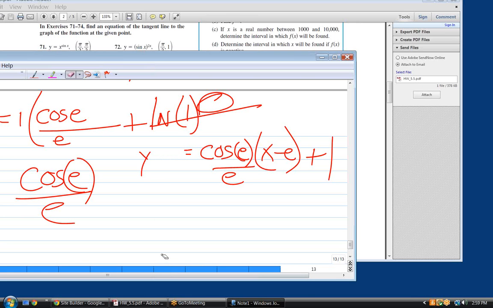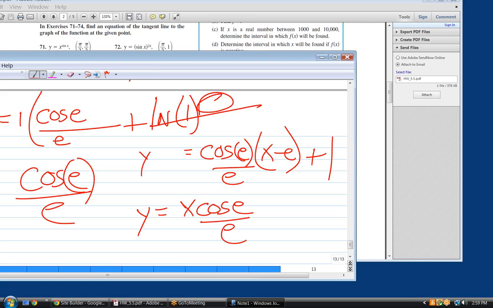If I wanted it in y equals form, I could do a lot of simplification there. Let's do some. Was her answer y equals? Yeah, her answer was y equals. Okay, so if I distribute this x, I get x cosine of e over e.